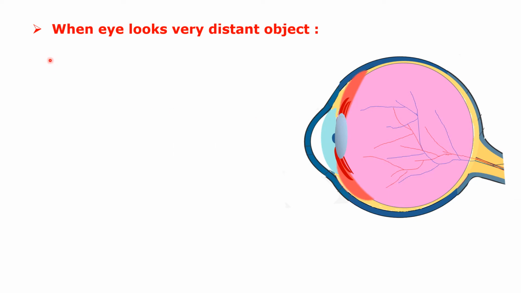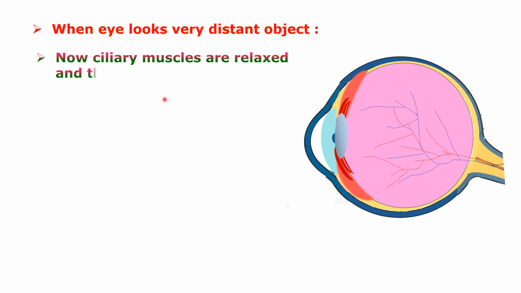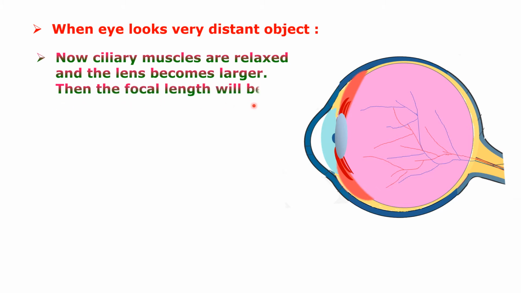Now ciliary muscles are relaxed and the lens becomes larger. Then the focal length will be maximum.